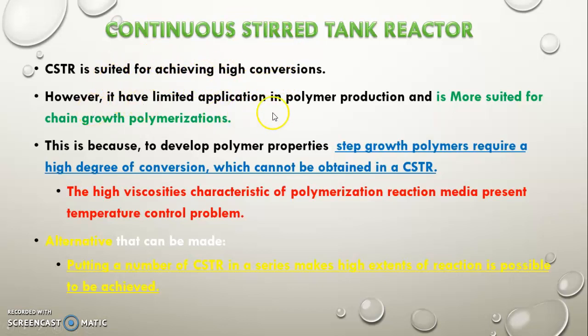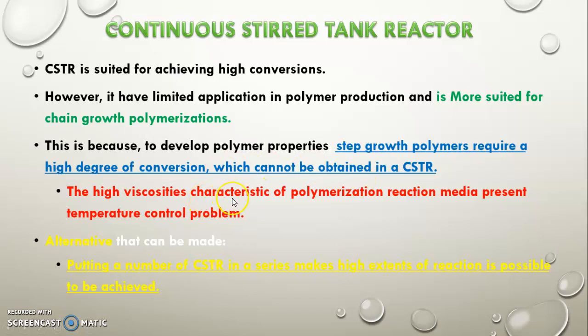However, they have limited application, hanya boleh produce untuk chain growth polymerization sahaja. Untuk step growth ni, which is condensation polymerization, tak boleh guna continuous stirred tank reactor. Sebab apa? Sebab step growth polymer require a high degree of conversion, which cannot be obtained in a CSTR.